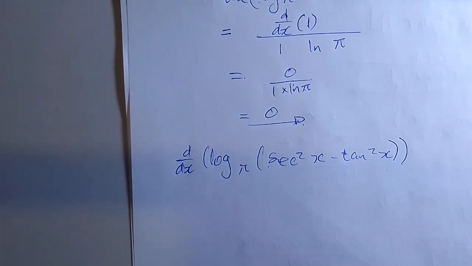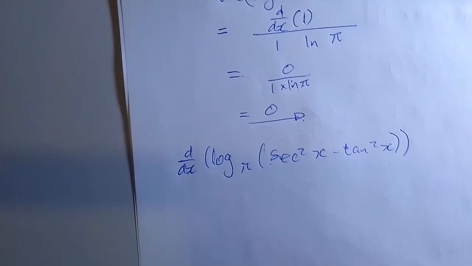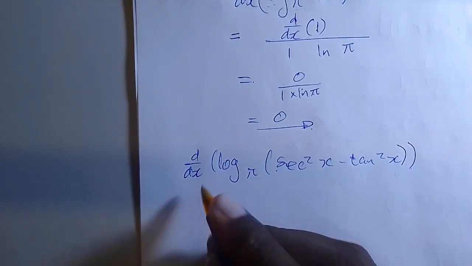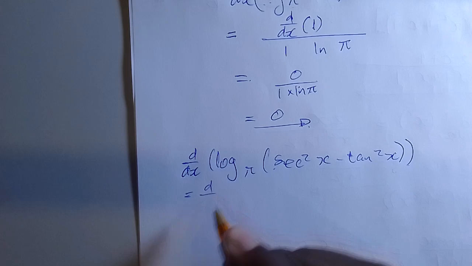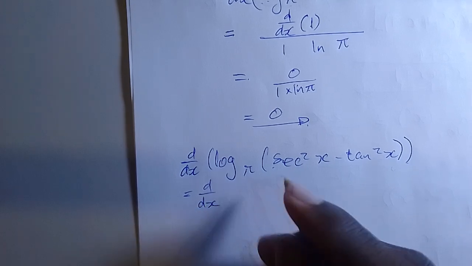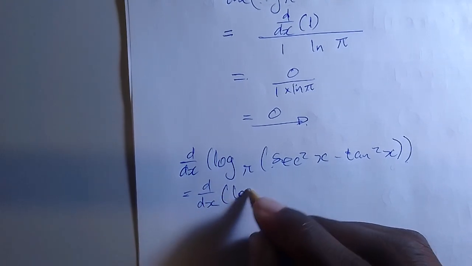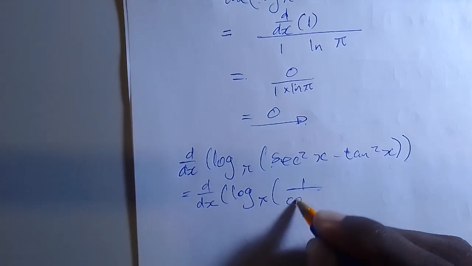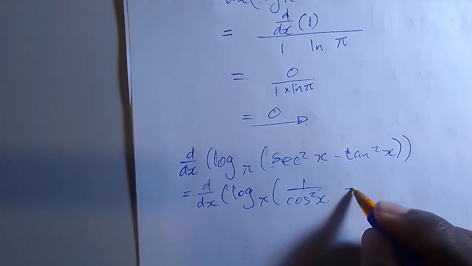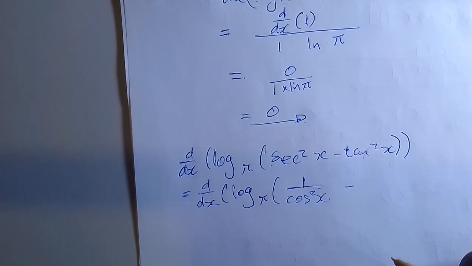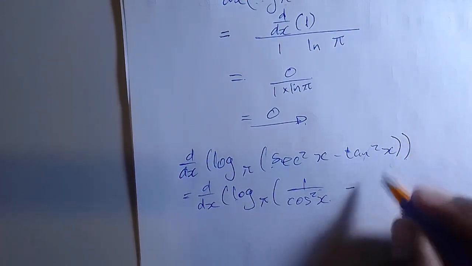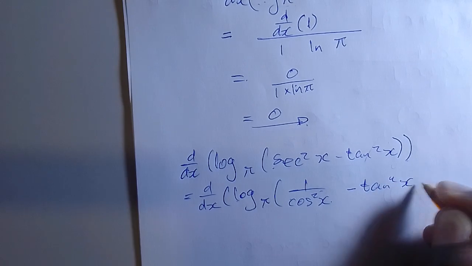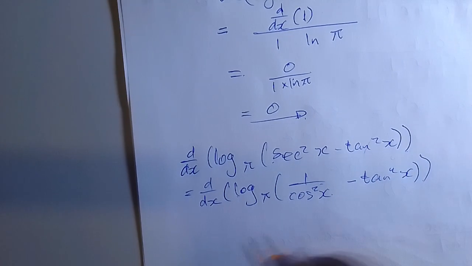Okay, I don't know the derivative of sec directly, so I'm going to write sec as 1 over cos: log base pi of 1 over cos squared x minus tan squared x. I know the derivative of tan squared x, so I'm going to write it as it is because I can differentiate it.